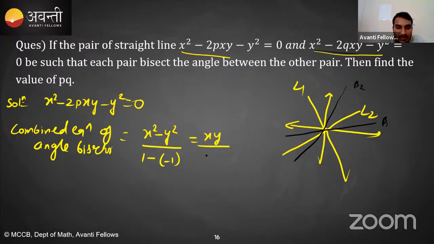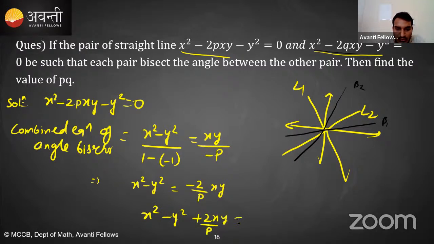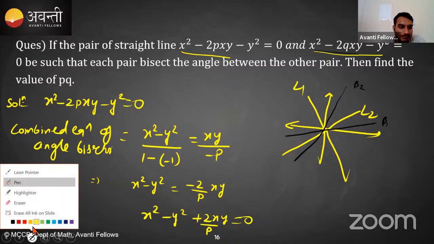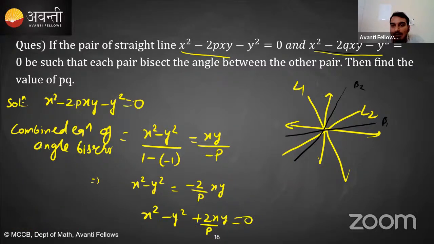Its half is minus p. So it implies x square minus y square is equal to minus 2 upon p xy. Writing it better, x square minus y square plus 2xy upon p is equal to 0. Clear? Let's call this equation 1 and the given one equation 2.